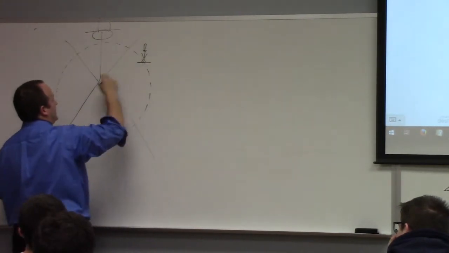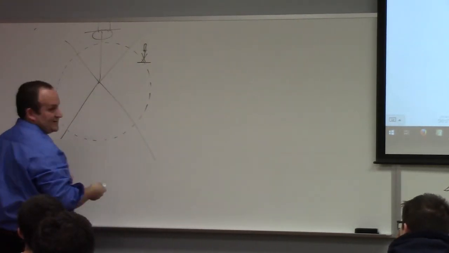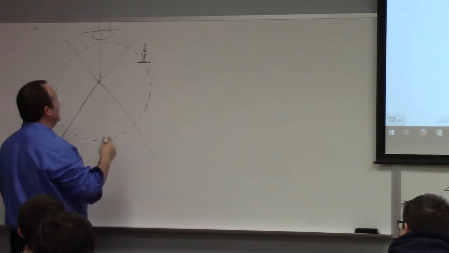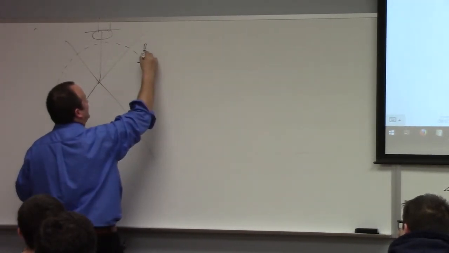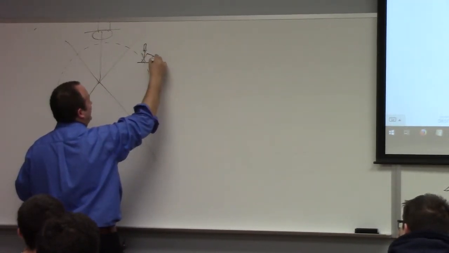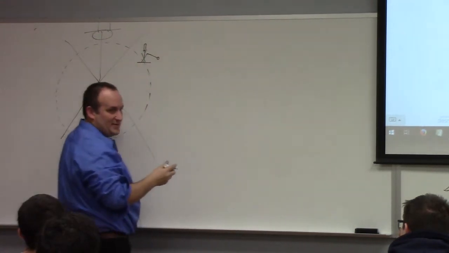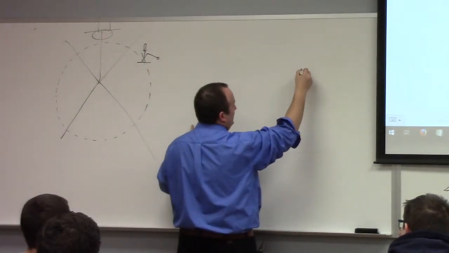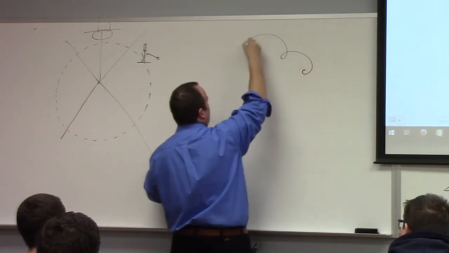I don't know. I tried. So the point is, he's got a yo-yo, and he's swinging it round and round. Now, forget about this. I give up. But the picture would be something like this.